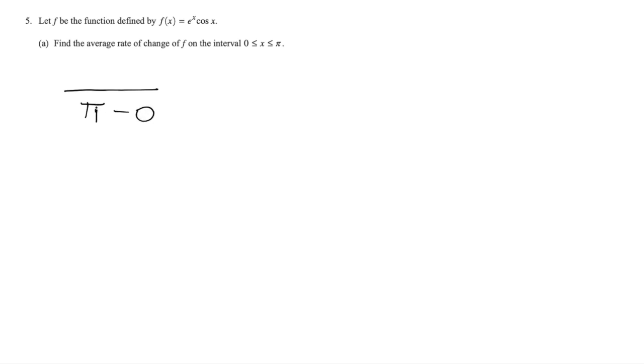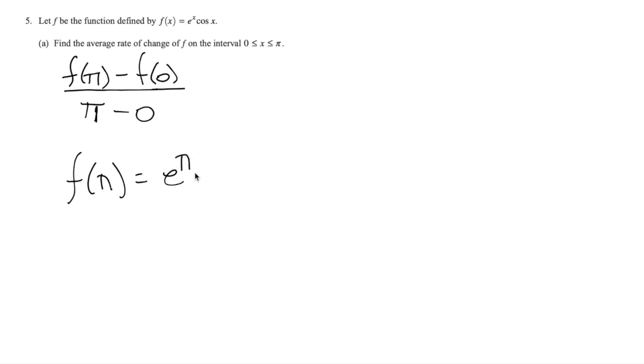And then the difference in the values of f is the function at pi minus the function at 0. The value of the function at pi will be e to the power of pi times cosine of pi. And we know that cosine of pi is -1.